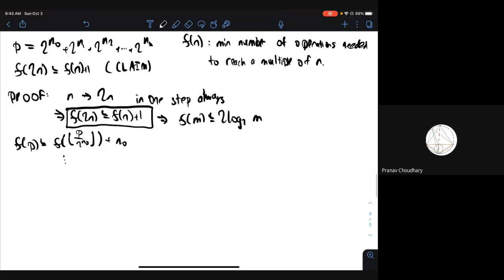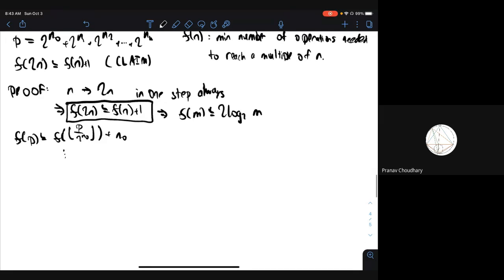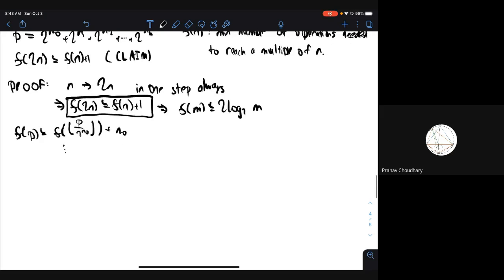Basically just induct: f of 1 is 0, f of 2 is 1. Then you can continue with the chain of inequalities using this, and that implies that we have this result.